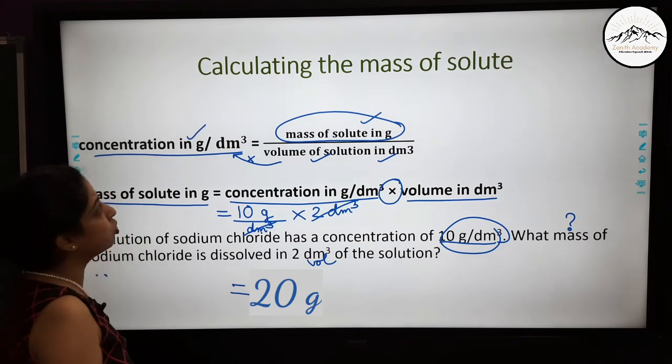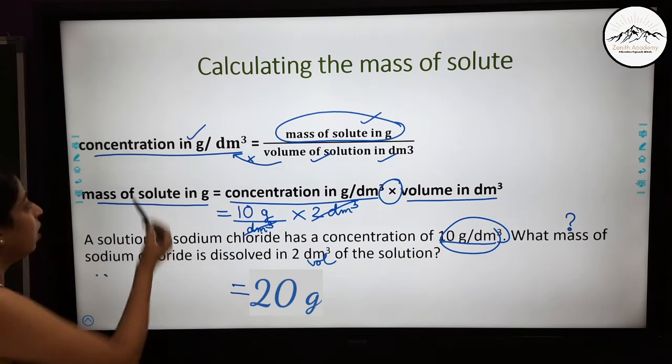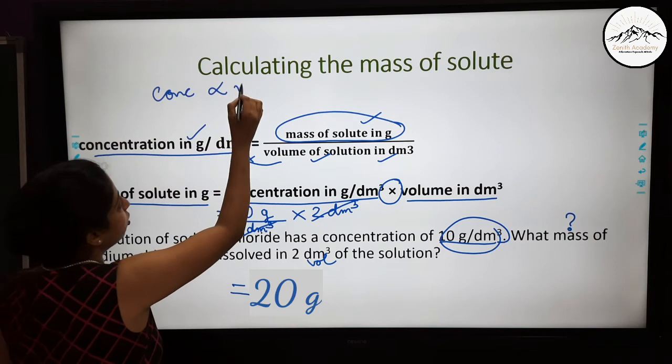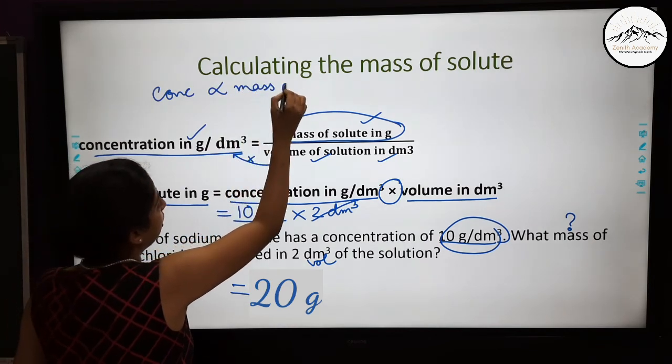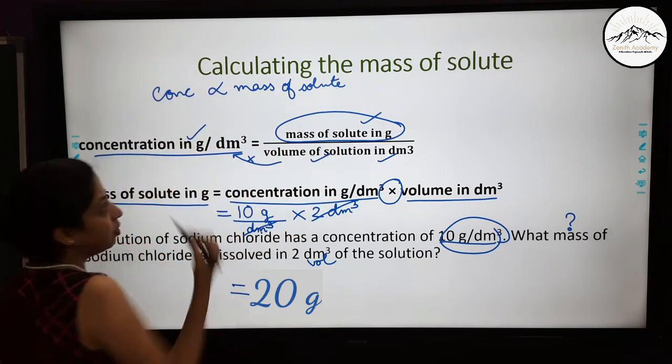I hope you have understood how mass and volume are related to the concentration. Concentration is directly proportional to mass of solute. So more the mass of solute, more will be the concentration.